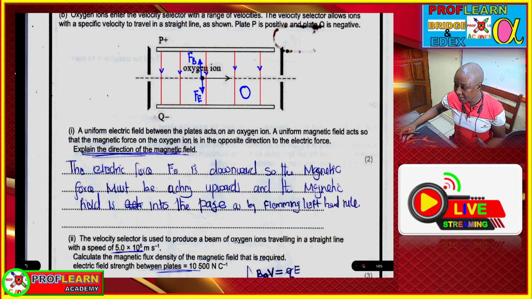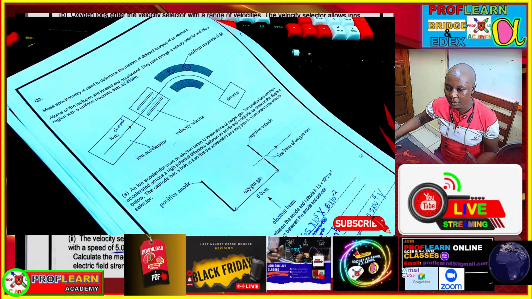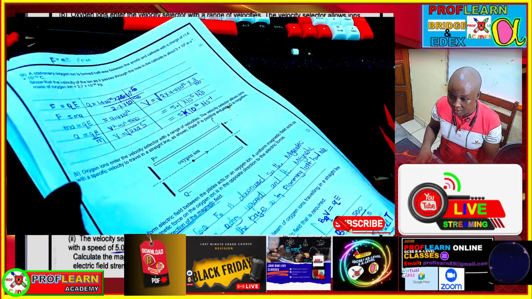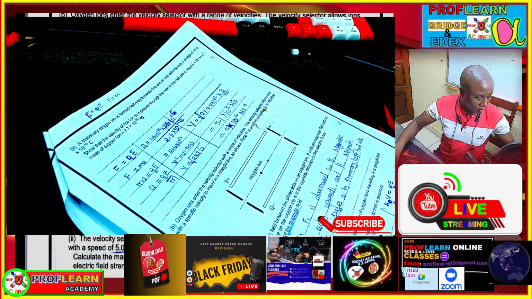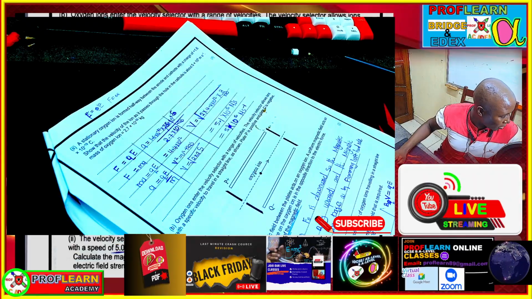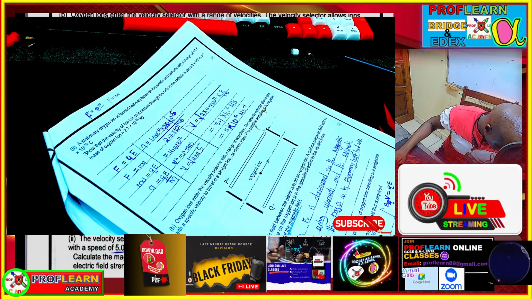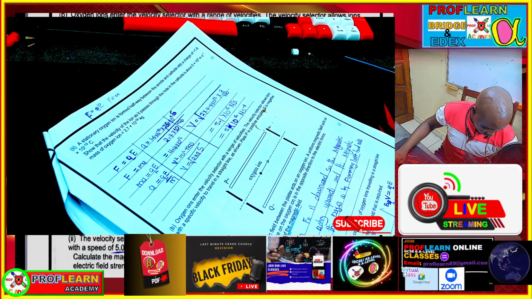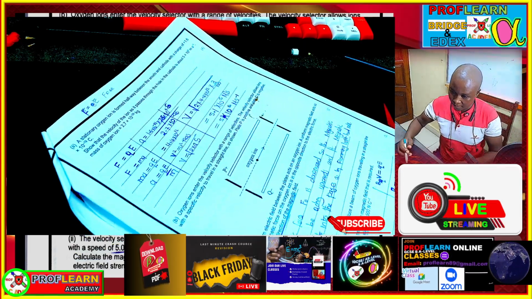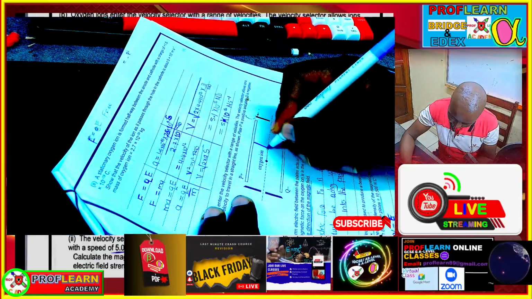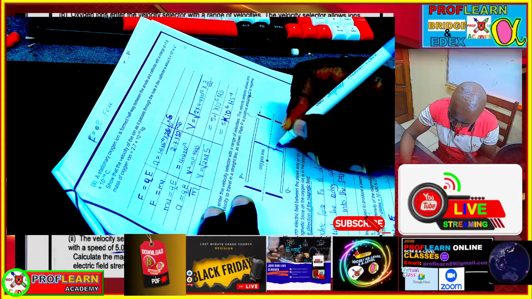Now, if that is the case, then we need to determine the direction of the magnetic field. How are we going to go about this, guys? We have said that the electric fields are acting downwards.